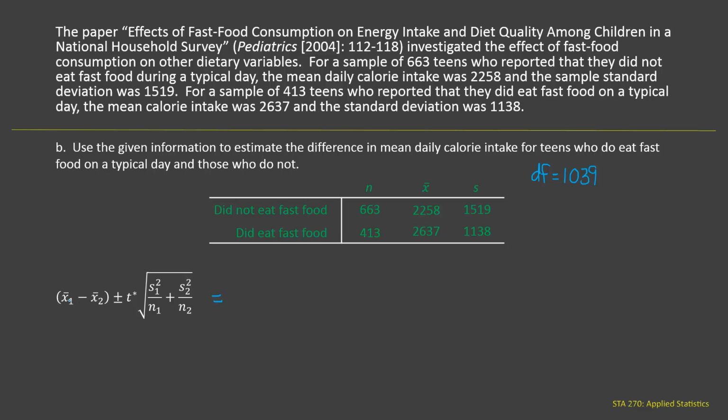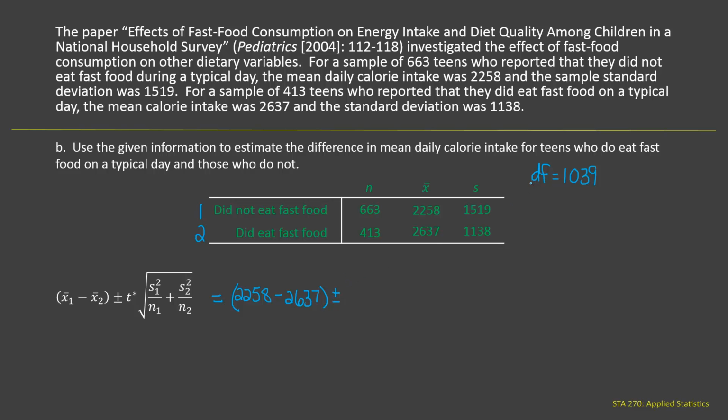So x bar 1 was the mean of the first group. Remember that one was 1 and this one was 2. So x bar 1 is 2258 minus the other sample mean, which was 2637. We have that value plus or minus, and here's where our critical value comes in.